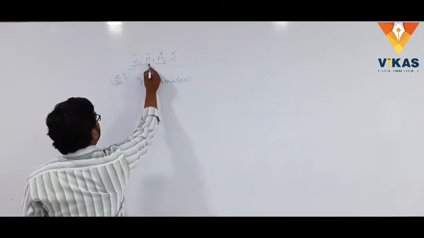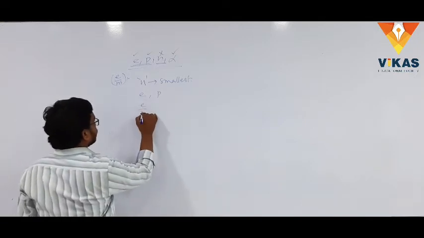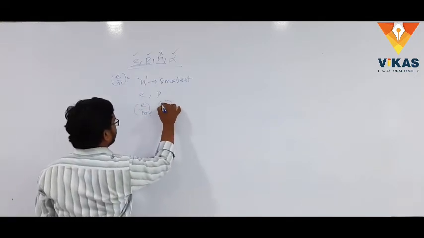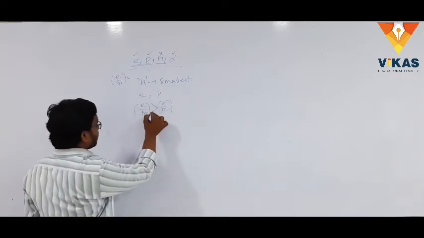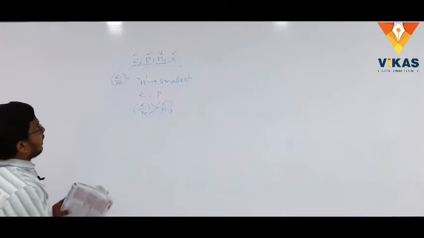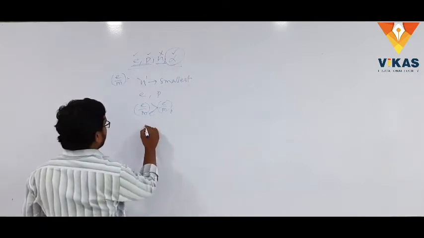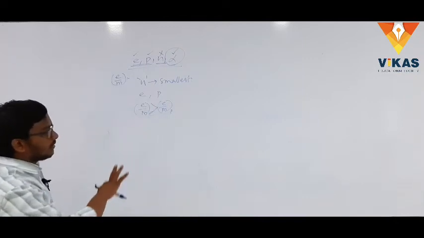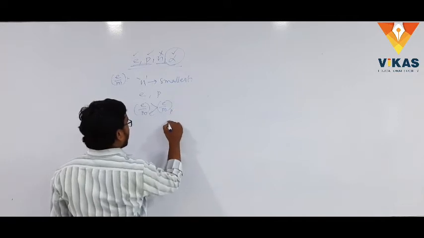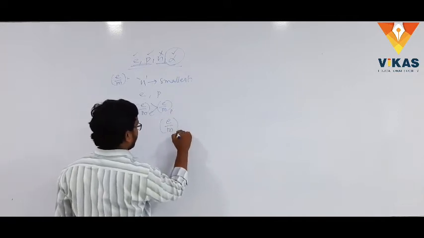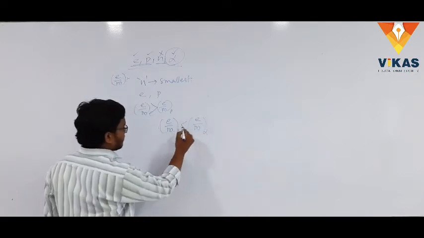We will compare these two first, electron and proton. Charge to mass ratio of electron, charge to mass ratio of proton. Which is higher? Yes, we have discussed that this is higher. And we will take up the alpha particle. Alpha particle with respect to proton, which is higher? Right. With respect to proton, charge to mass ratio of proton and charge to mass ratio of alpha particle, if I take, this is higher.